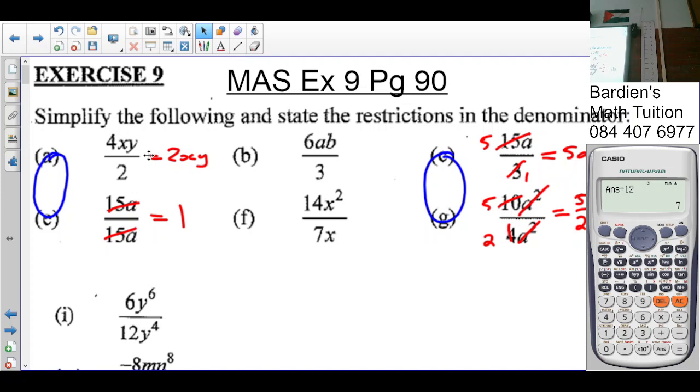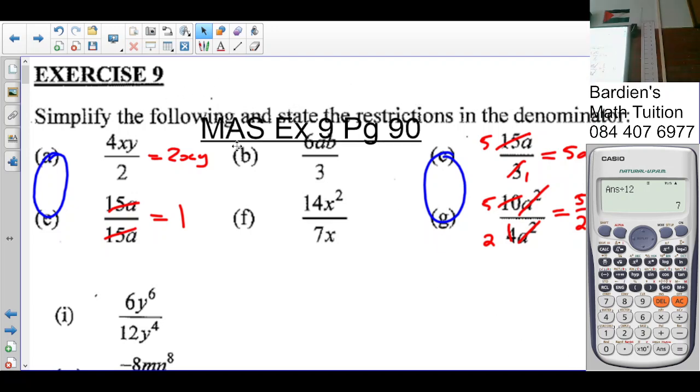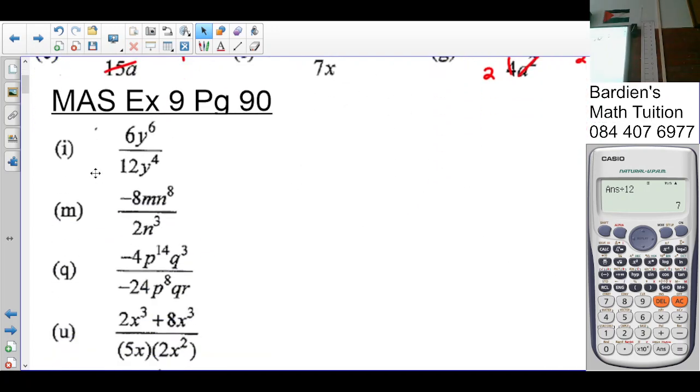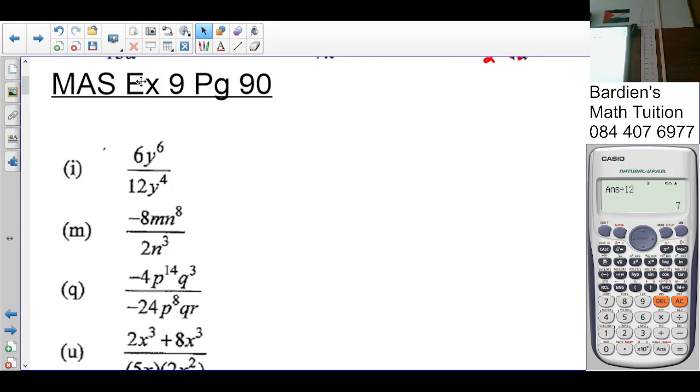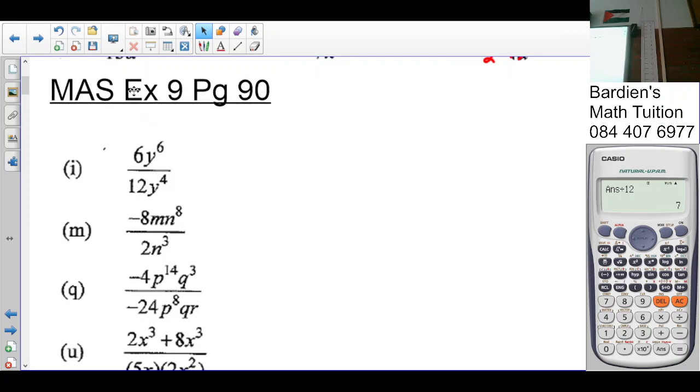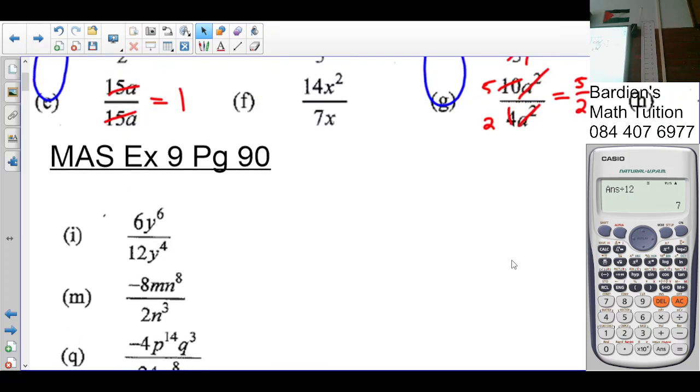Okay, but you understand? Right, people listen, here's the next one. Remember you got 10a squared over 4a squared.